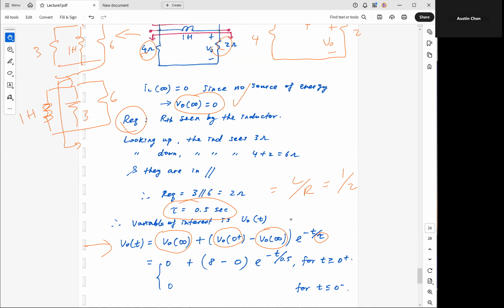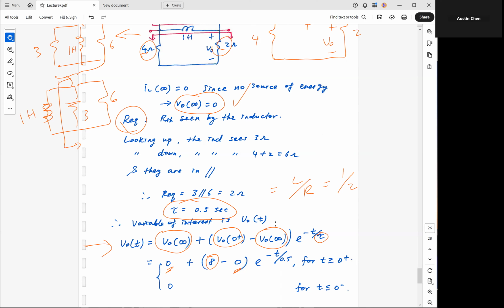So V0 at infinity is 0, because there's no energy source again over there, but V0 at 0 plus is equal to 8. And that requires some work, some knowledge about how this inductor behaves after the switching event.